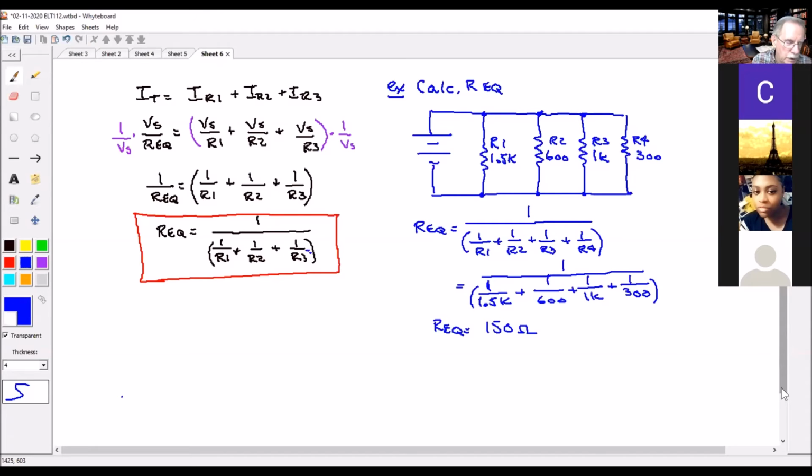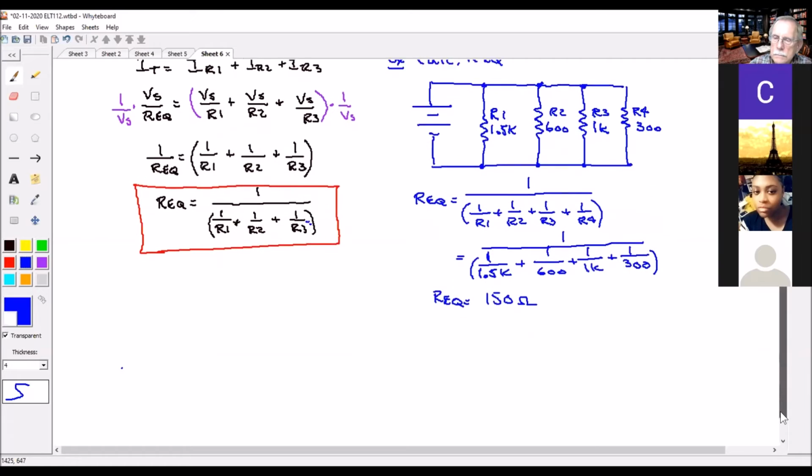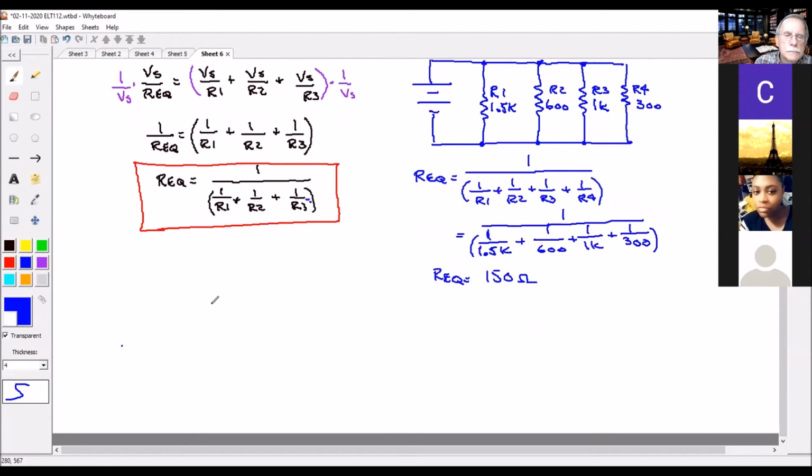Let's talk about the calculator a minute. On the calculator, what I would be putting in is left paren 1.5 EE, second EE.